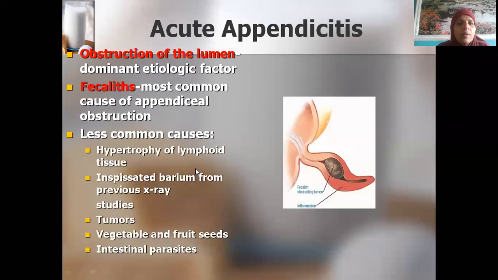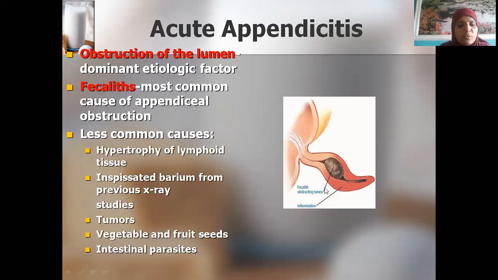So fecolith, I told you, if there is any obstruction in the lumen of appendix, that is actually called fecolith. It may be due to inflammation of lymphoid tissue, or sometimes when you have taken some investigation like barium, that barium may get accumulated there, and after some time it may cause inflammatory change and may come out like fecolith.